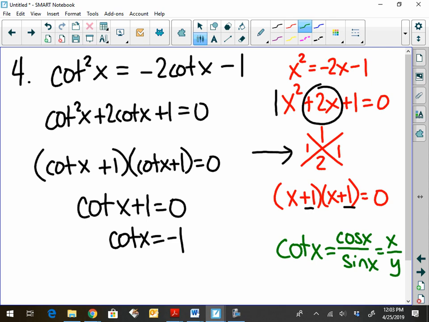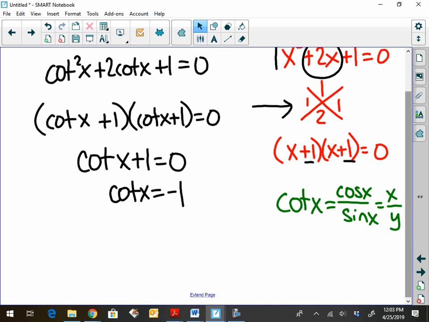Because we had tangent before, tangent was sine over cosine, or y over x. So where is x over y equal to -1? So remember where tangent is equal to 1 at pi over 4. So then where would it be equal to -1?